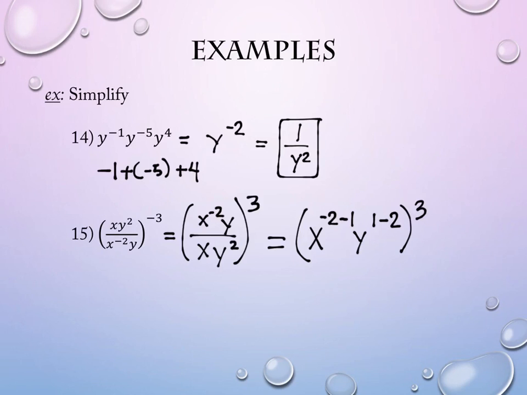I still have it to the power of 3, but I'm not going to deal with the power of 3 just yet. So inside here I have negative 2 minus 1, which is negative 3. I have 1 minus 2, negative 1, yep. And I have a 3.